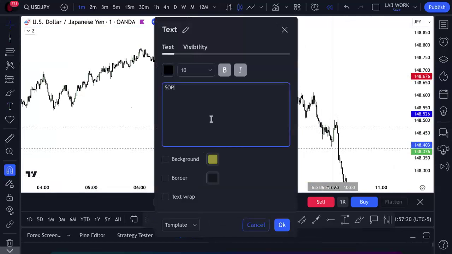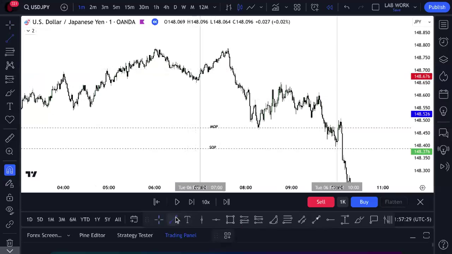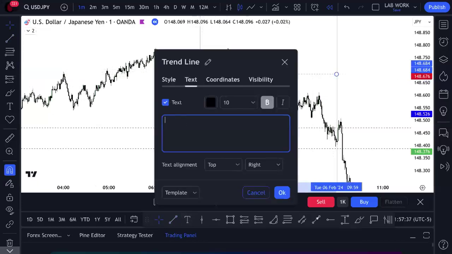So funny, right? When we get into this session, we're already overbought. That's just a known fact. And then we have the 7 a.m. opening price, if I got that correct. Yep. So we got New York open right there.